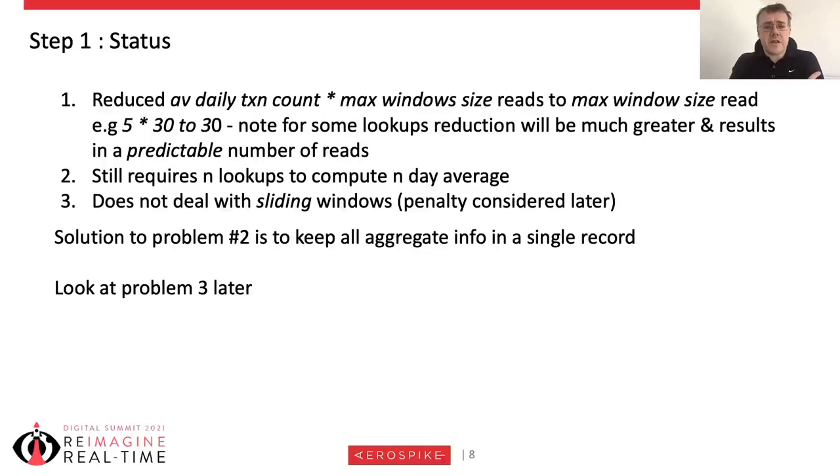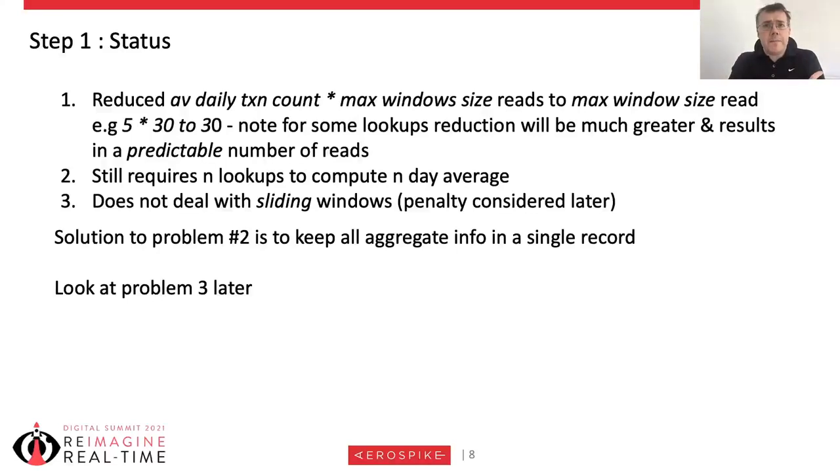The first thing to note is that although I've reduced my reads to the number of days in scope, so 30 days if we need to take averages over 30 days, we're still needing to do 30 reads. Also, what I've done is just streamlining computations for fixed period averages rather than floating period averages, which is what we ultimately need to do.